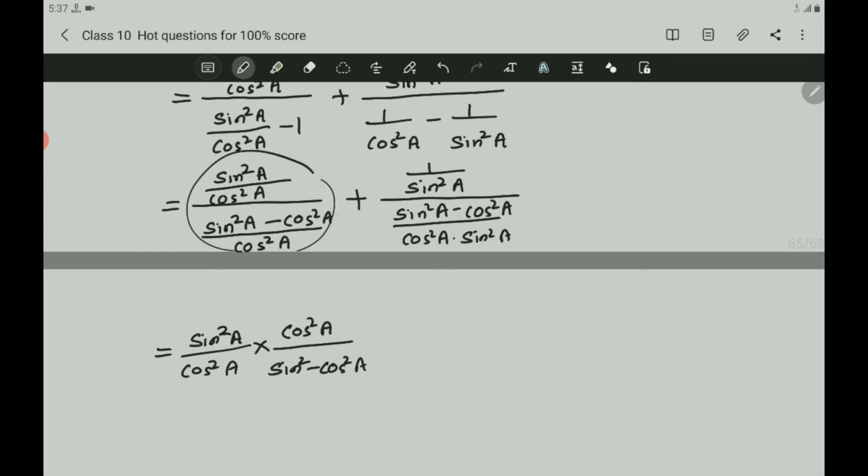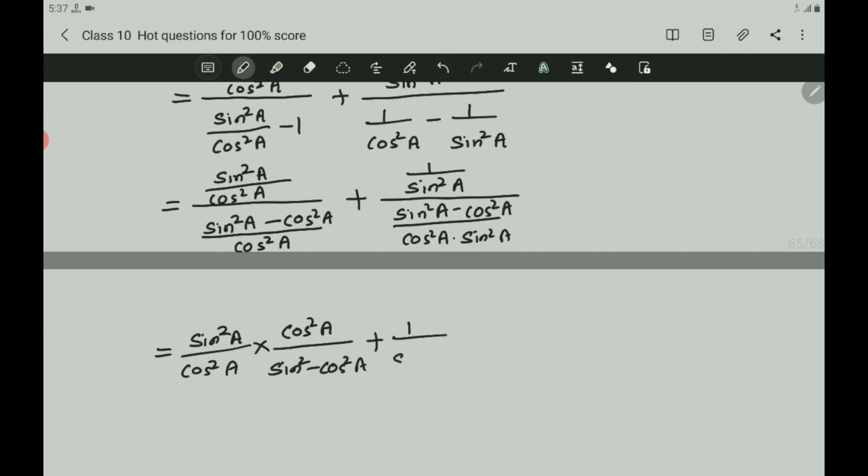So this whole becomes like this way. Here we have written this as it is, and we have taken the reciprocal of the denominator. Then you write plus. Now come to this one, and you write this one as it is.